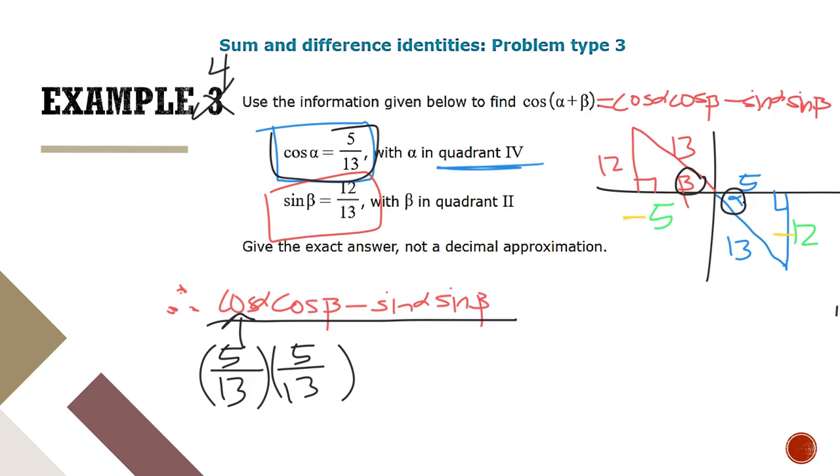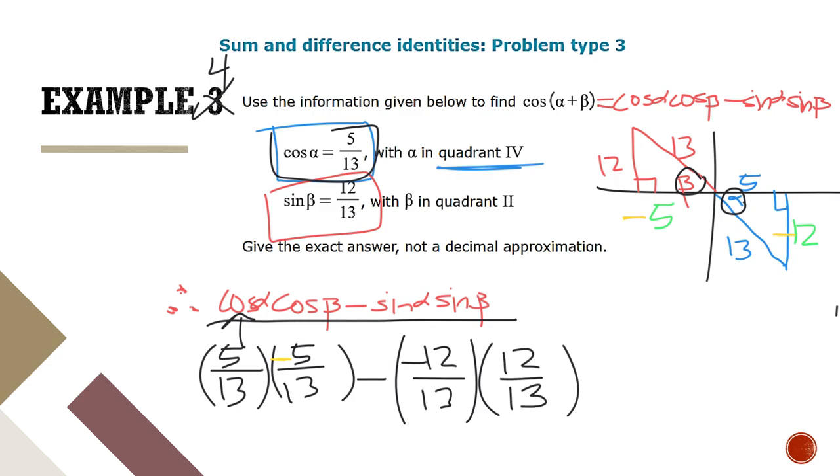So you can think of this as a negative x, positive y, positive radius always, positive 5, and then negative 12. So we should have a negative 5 over here. Then minus our sine of alpha, which is negative 12 over 13, and then the sine of beta, which is 12 over 13 as well.